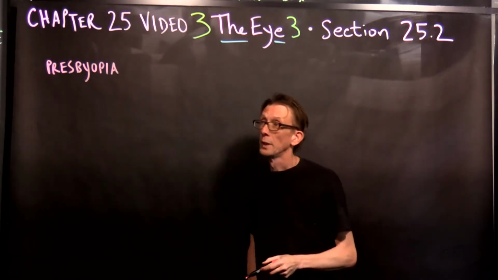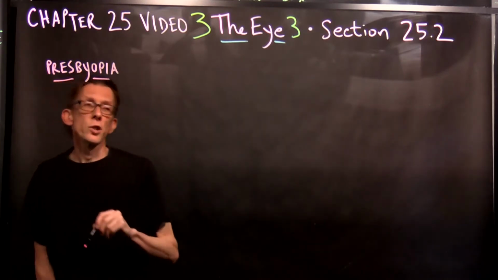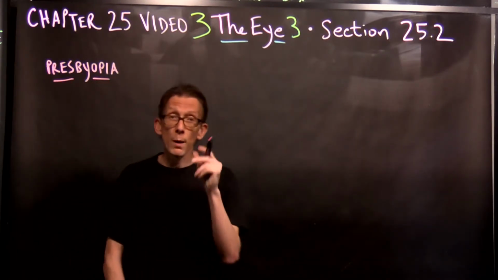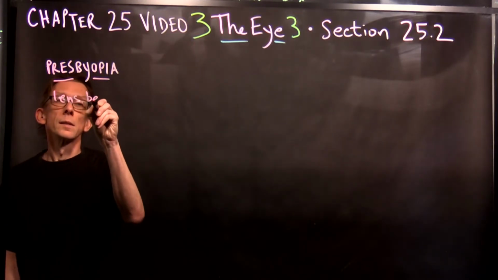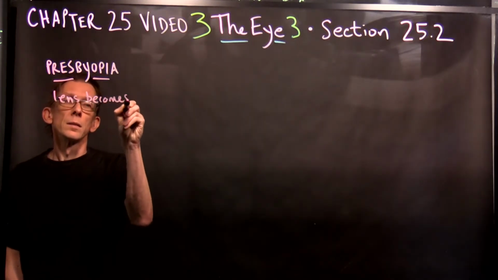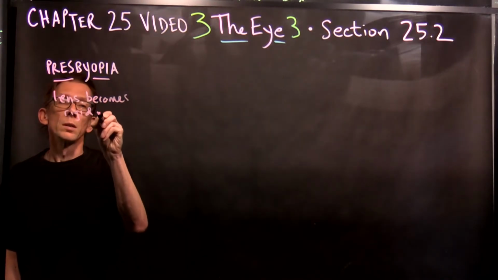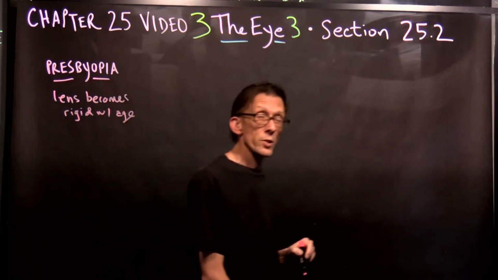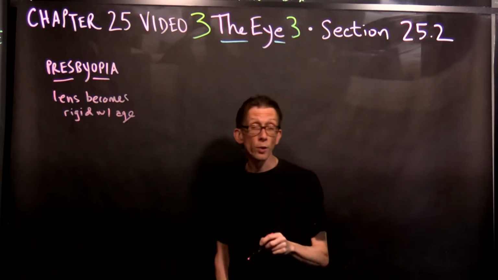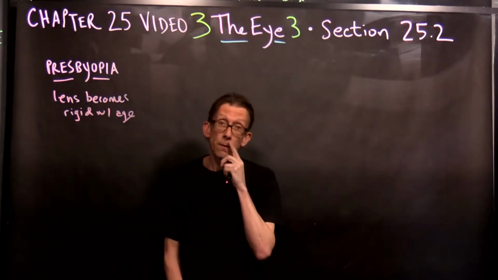So presbyopia is a situation in which the lens becomes rigid with age, so that no matter how hard the muscles try, it can't get the lens to focus.